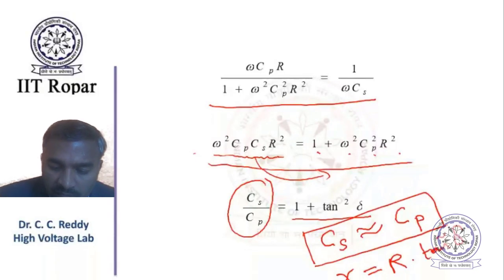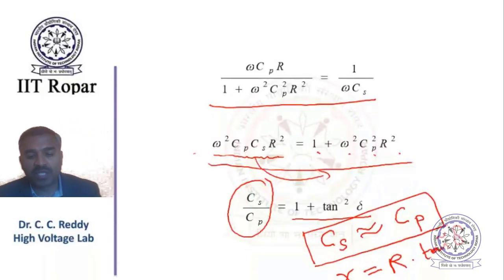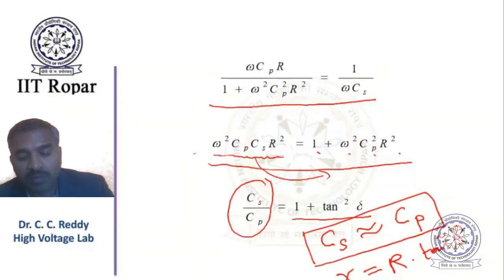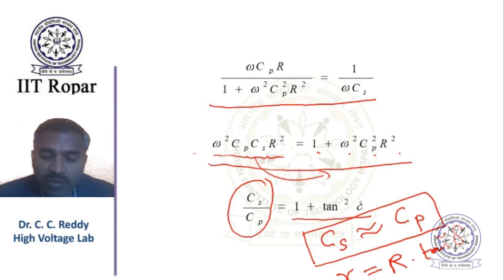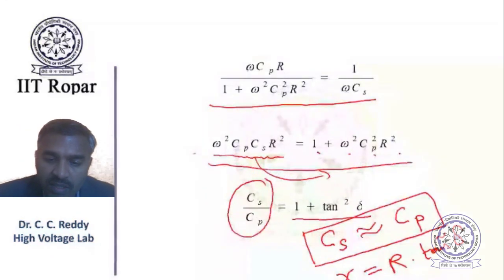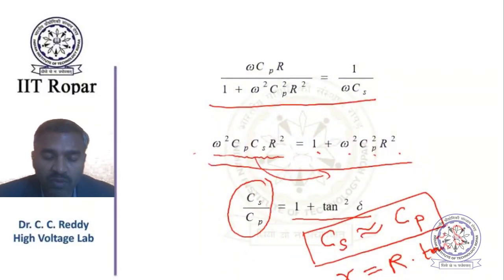Because it comes in series, it takes huge current, just like the series capacitor. So when you have huge current through the resistor, obviously the resistor which represents losses should be small. That's what will happen. But the capacitance is almost the same. Series capacitance and parallel capacitance are almost the same. So this is the equivalence of two circuits at a particular frequency omega, non-zero.